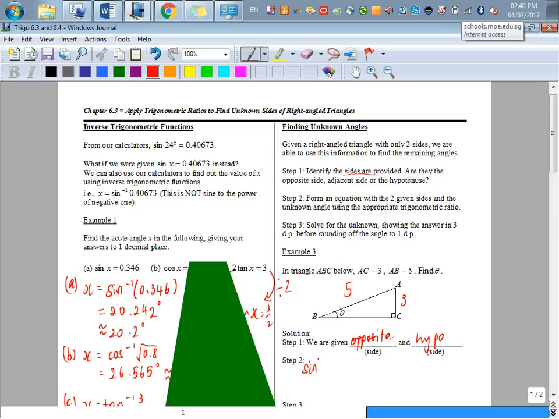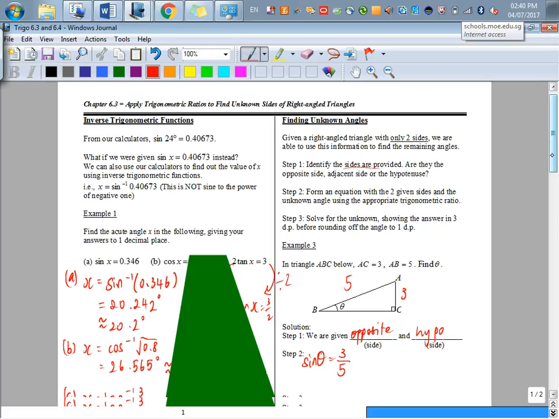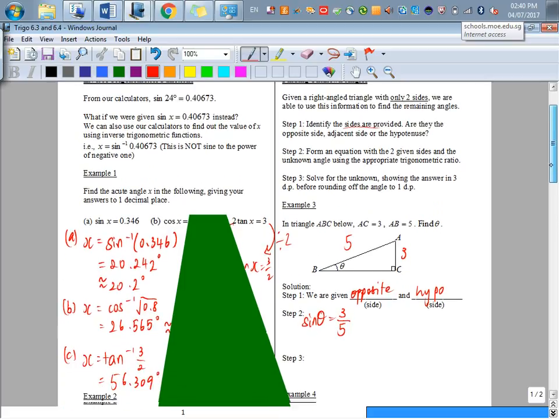Okay, so sine theta equals opposite, right? How much is opposite? 3. Opposite is 3 over hypotenuse, which is 5. I have formed my equation. And now, in step number 3, I need to solve for the unknown, giving my answer in 3 dp first, then 1 dp.